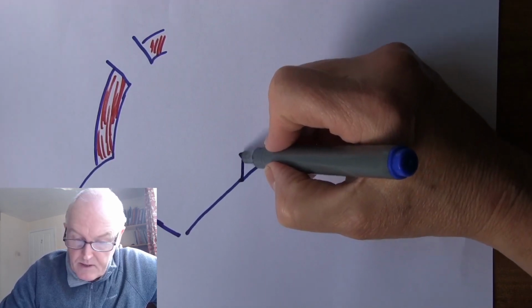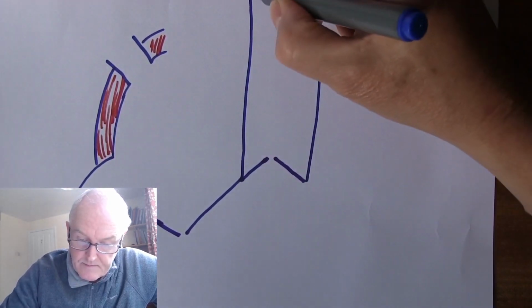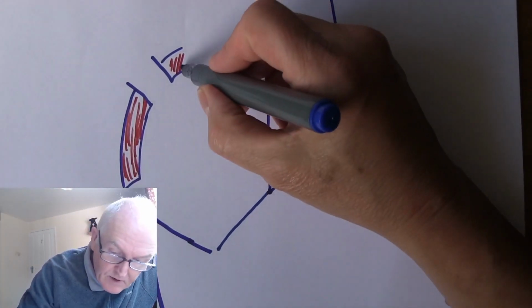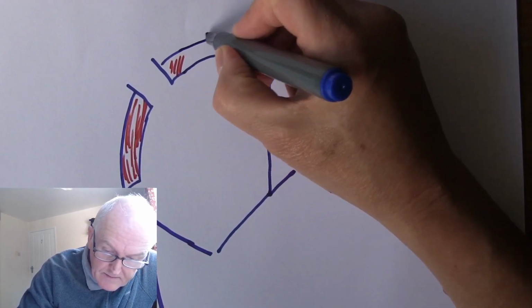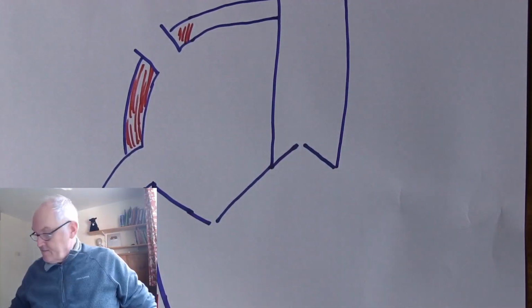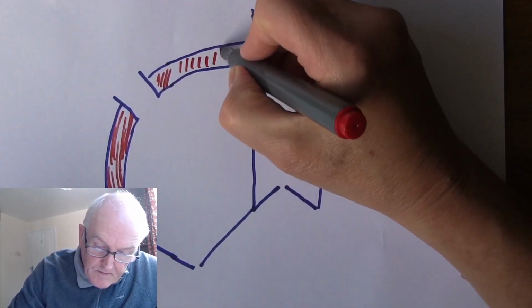So this is the pulmonary artery here, bringing blood out. So the right atria will carry on there like that. This would be the continuation of the atrial myocardium.